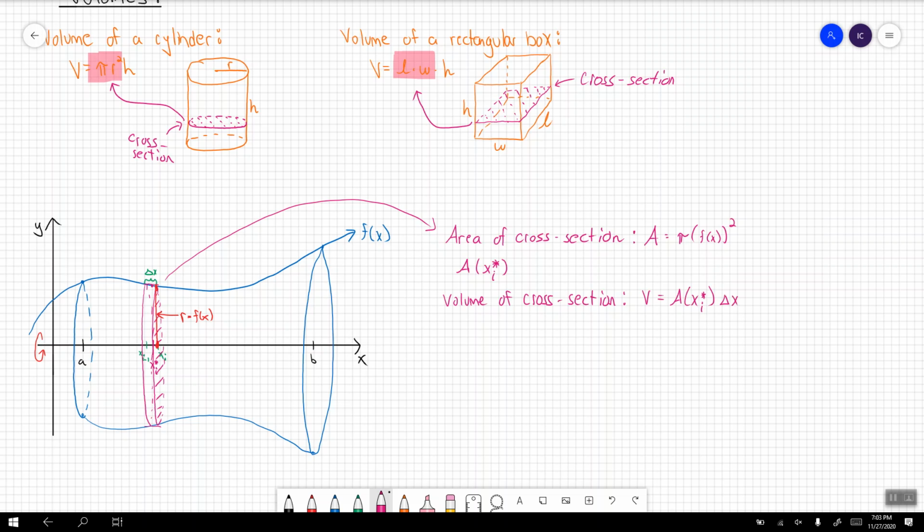And so this is a way to find the volume of each individual cross-section that we take. And this is using cylinders.